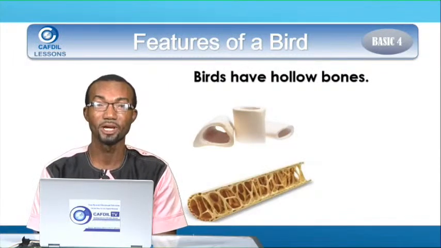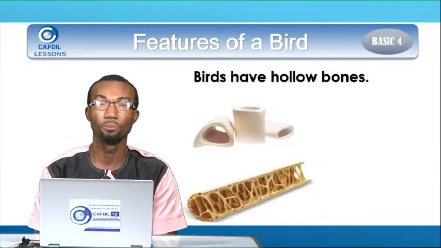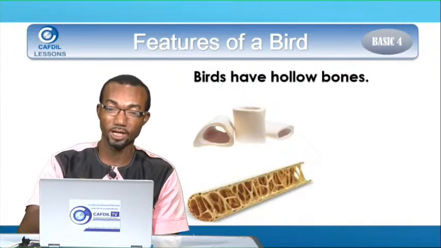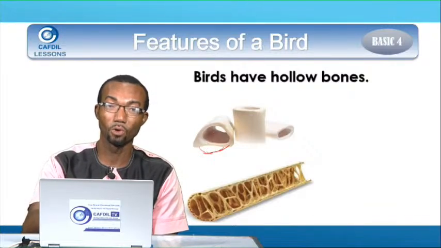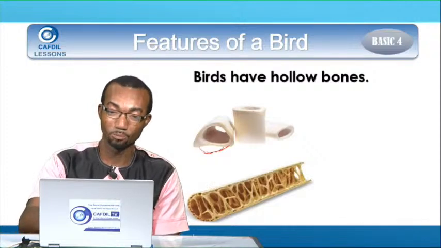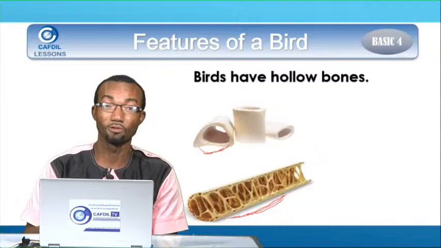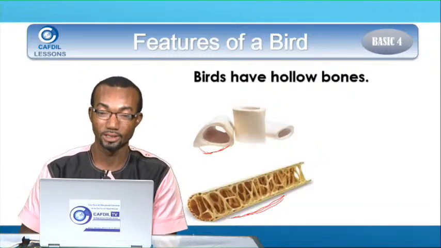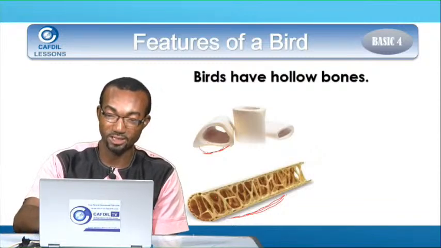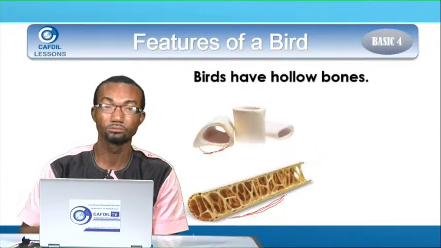Another feature of a bird is that they have hollow bones. If you look at the bone we have here, you can see a hole inside, and that is what we call hollow. And the bone you have down here is the bone of a bird, and the bone of a bird is hollow. That means that you have a lot of spaces inside this bone.